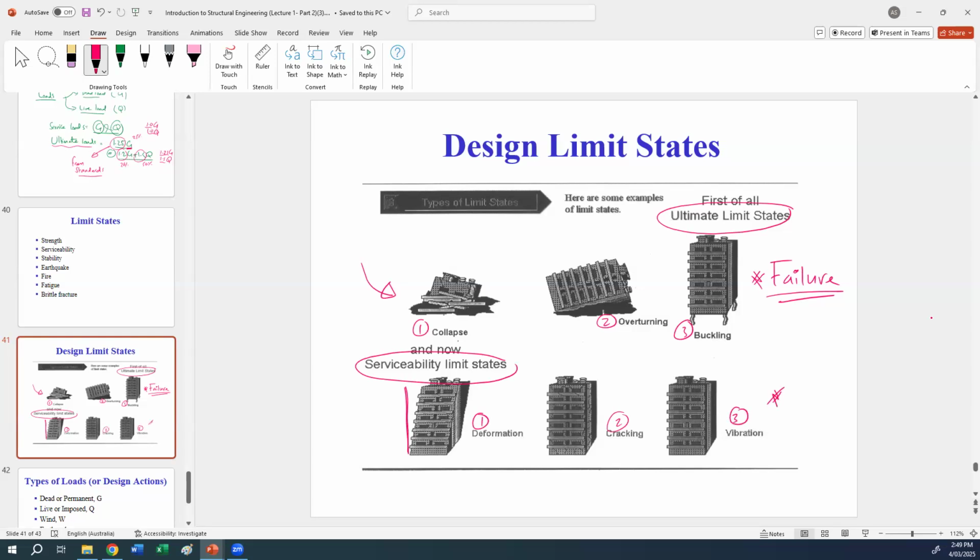So the serviceability limit state is not dealing with failure, it is dealing with deformation or deflection of the building. This is the difference between both of them. The structure will not collapse under the serviceability limit state, but it might not be fit or functional to use.